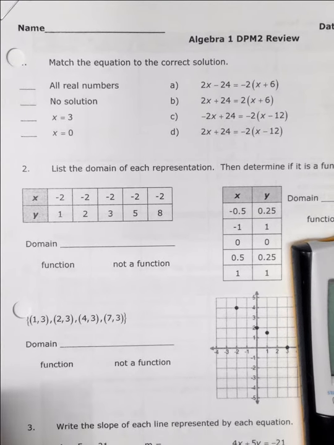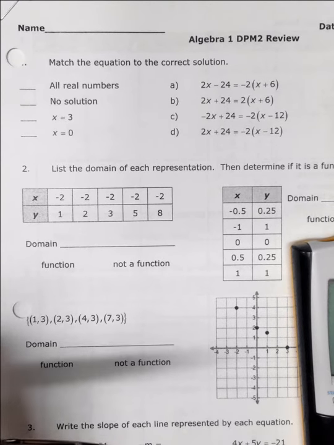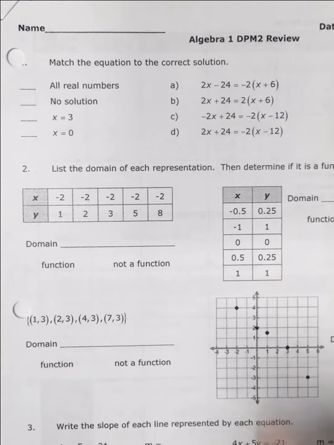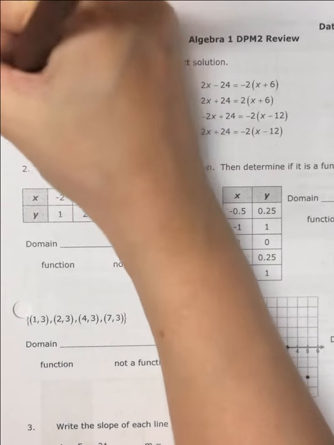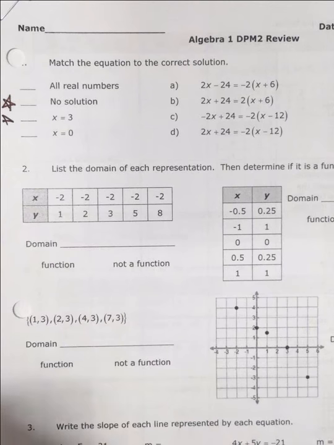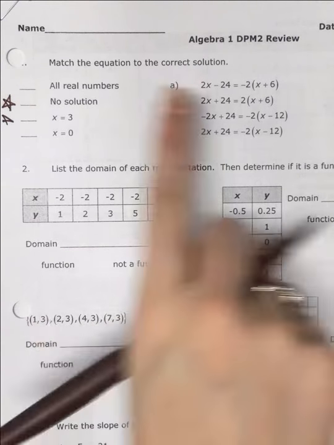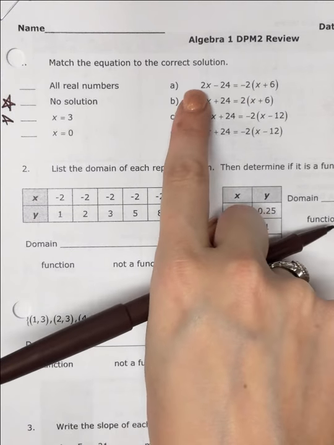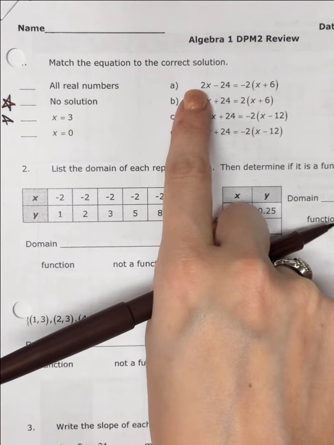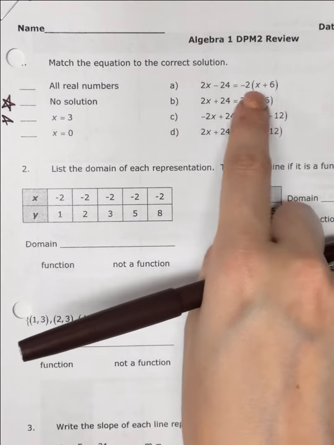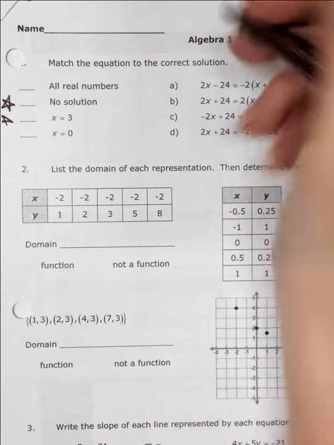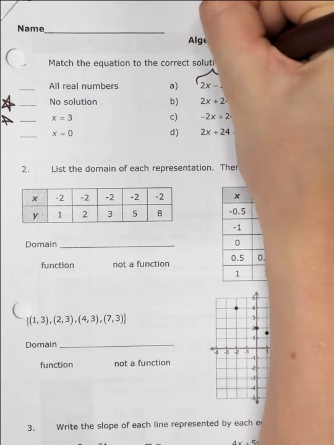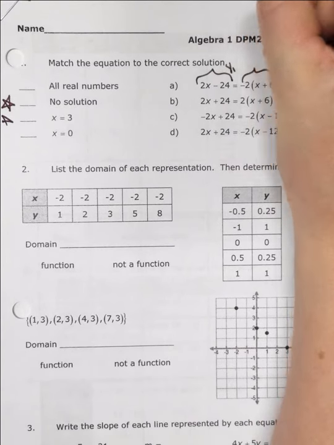So I've been telling my kids to put stars next to these, and hopefully your teacher's been telling you too, okay? So one example is right here. No solution. Anytime it gives you an equation with only x's, this is what you did last year. Left side in y1, right side y2.